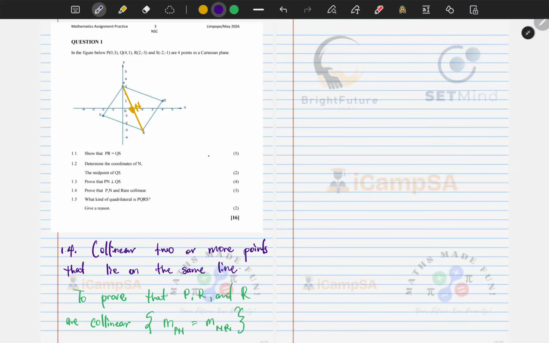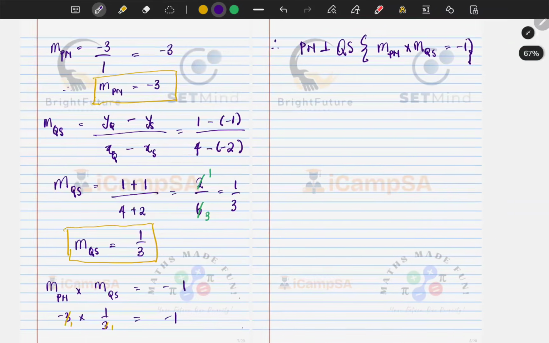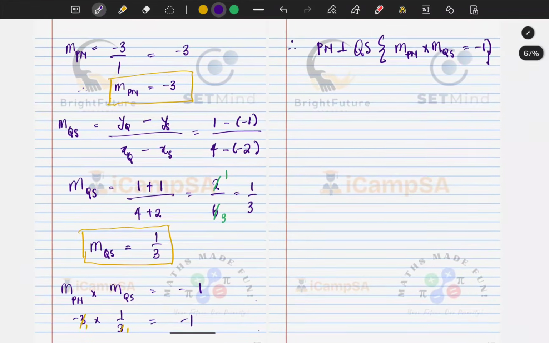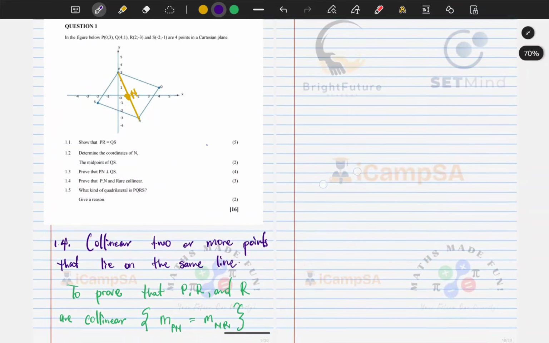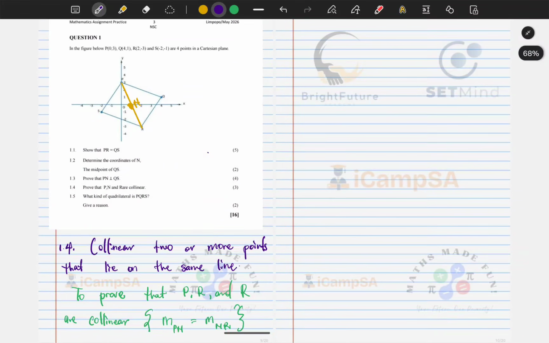Right, so remember we already have the gradient of PN because we found it. What was the gradient of PN? The gradient of PN was -3, right? It was already proven to be equal to -3, right?